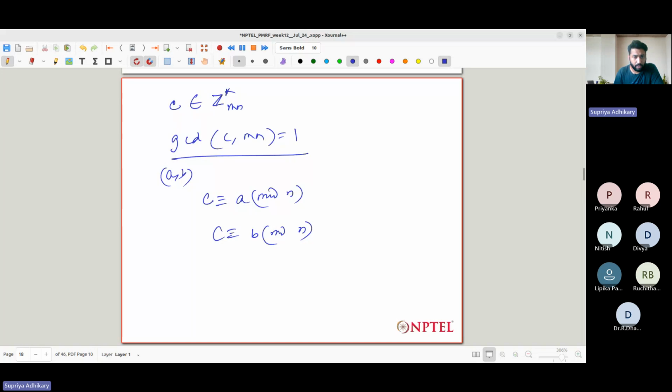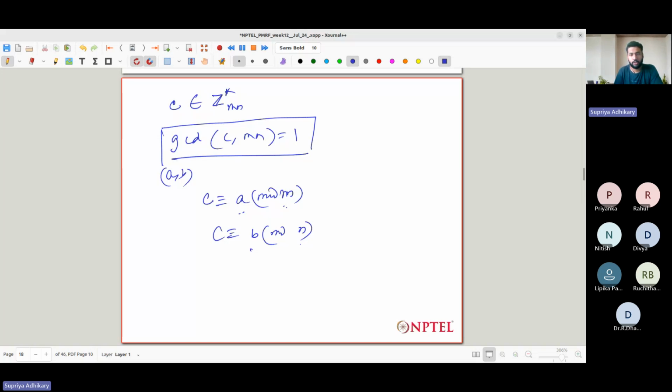Now we have to prove that since the GCD of c and mn is 1, the GCD of a and m, and the GCD of b and n, both of these should be 1.